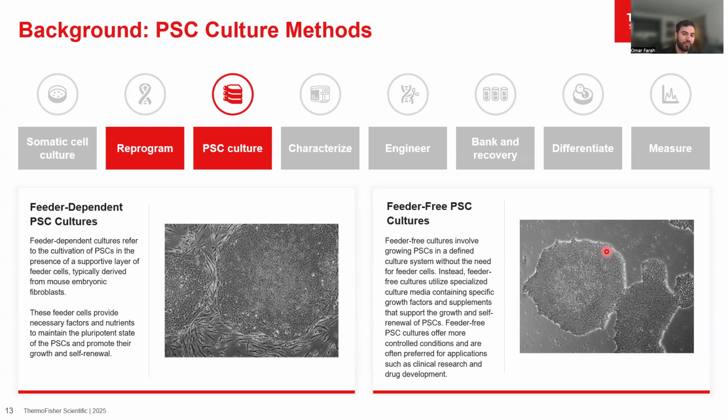Whether we have these PSCs on a feeder-based or feeder-dependent culture system, or in a feeder-free culture system. And I'll talk about this again. We'll talk about this more in subsequent lectures when we go over the PSC culture side.